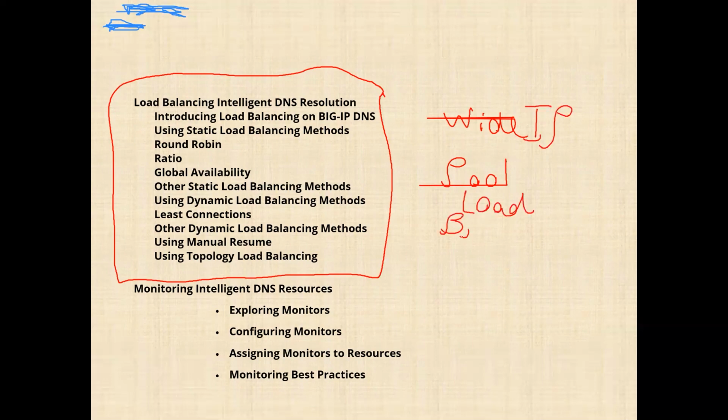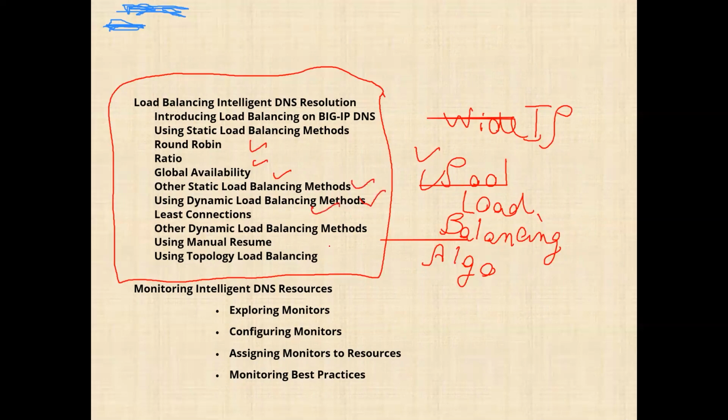We will cover all this in detail so that you will get everything. We will cover round robin, ratio, global availability, static, dynamic, least connections, and further on topology based, which is very important: whenever you are sitting in the US, you want to resolve it locally on the US data center.